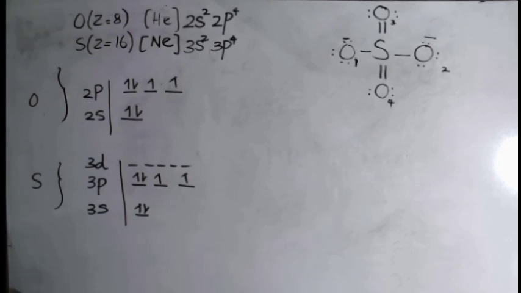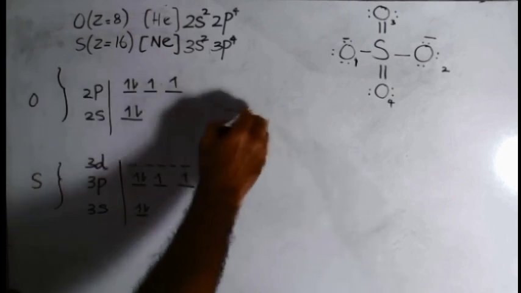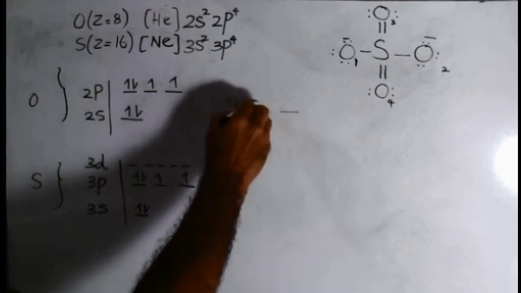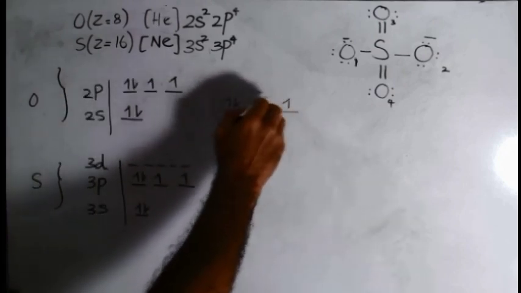So here we need 3 hybridized orbitals because there are 2 lone pairs and 1 sigma bond, altogether 3 hybridized orbitals. So we can use 1 from s, 2 from p, 2 electrons, and this to come here, only 1 electron.